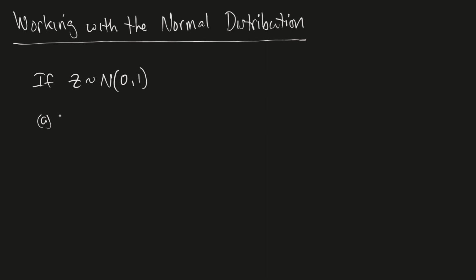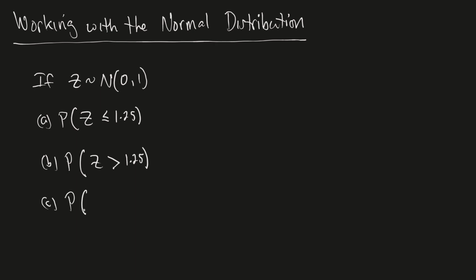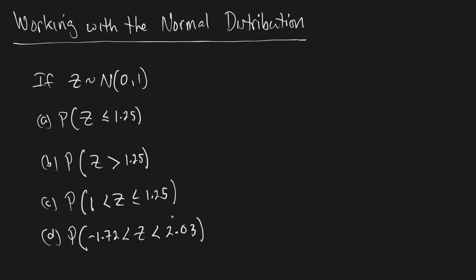Let's say we want to find the probability that Z is less than or equal to 1.25, or the probability that Z is greater than 1.25, or the probability that Z is between 1.25 and 1, or between negative 1.72 and 2.03.